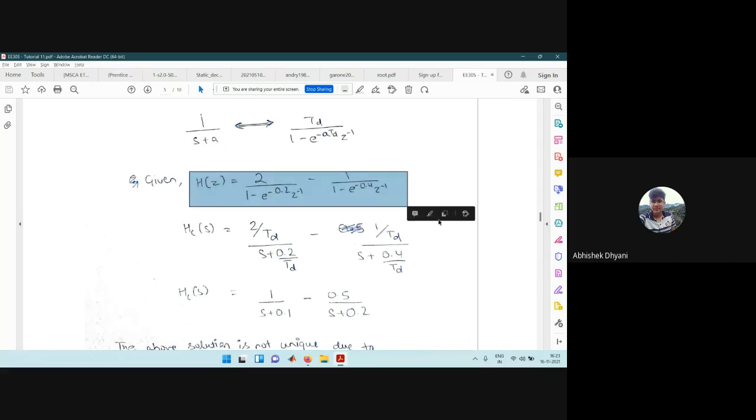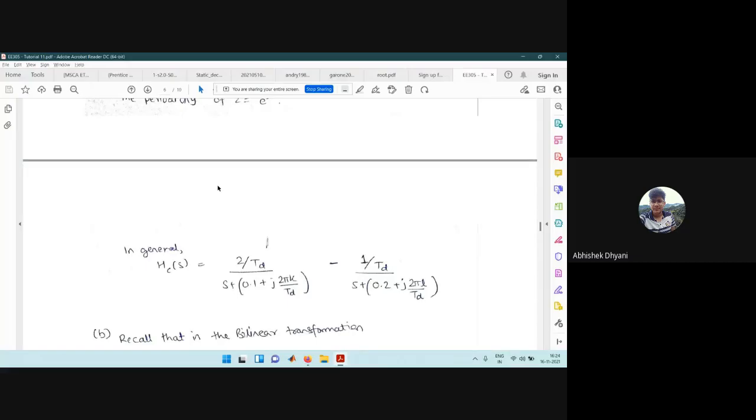So this is the general case, and the one we are dealing with is when k and l are 0. And the solution HCS is not unique corresponding to an HZ. So there would be multiple continuous time systems which can have the same discrete time system model HZ.